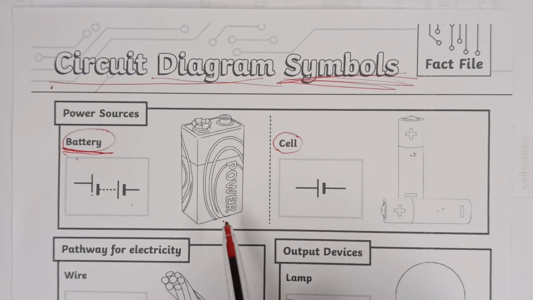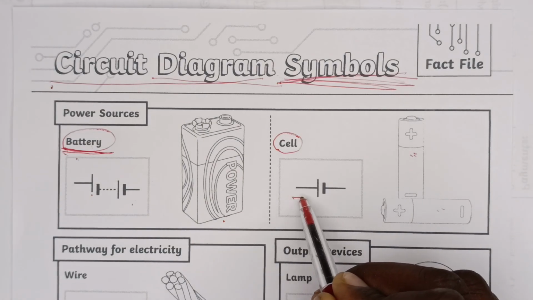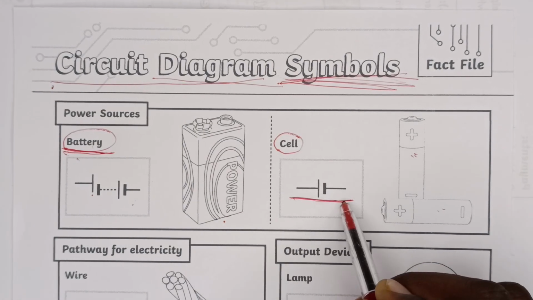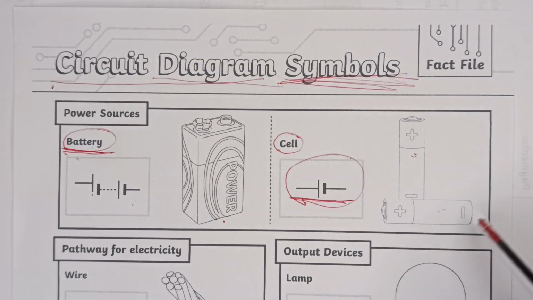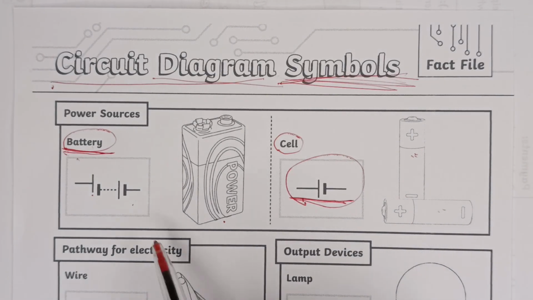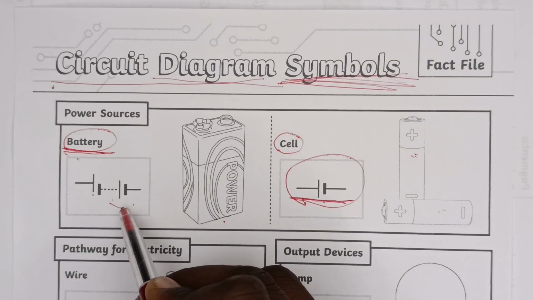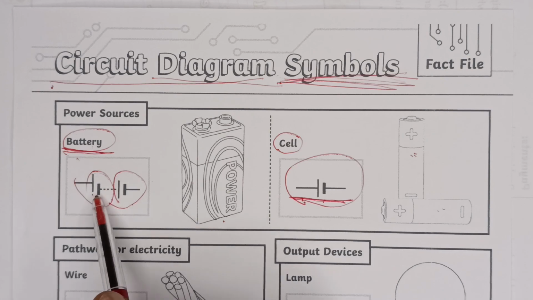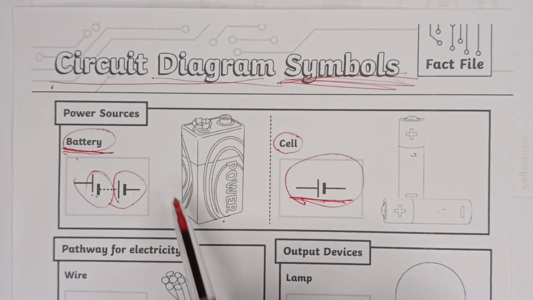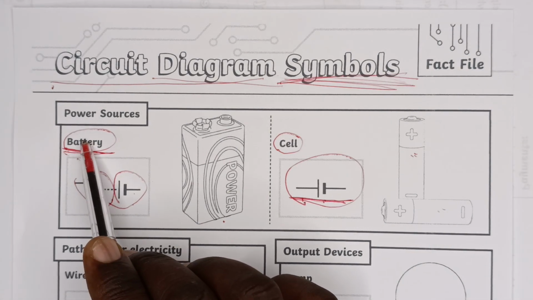So when you look at the symbol of a cell, when we draw, we use this symbol. We don't use this picture. When you look at the battery, it has got a symbol of a cell here and another cell. So these are two cells that make up a battery.